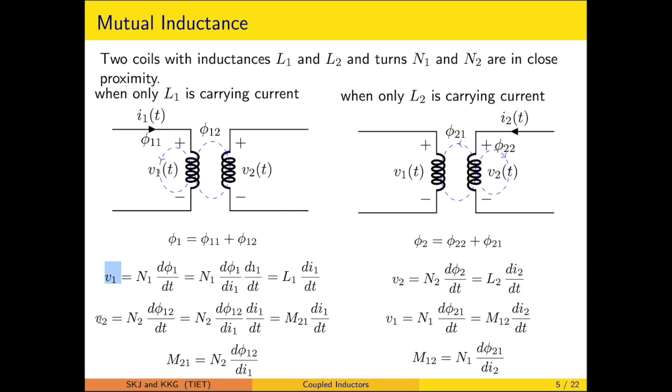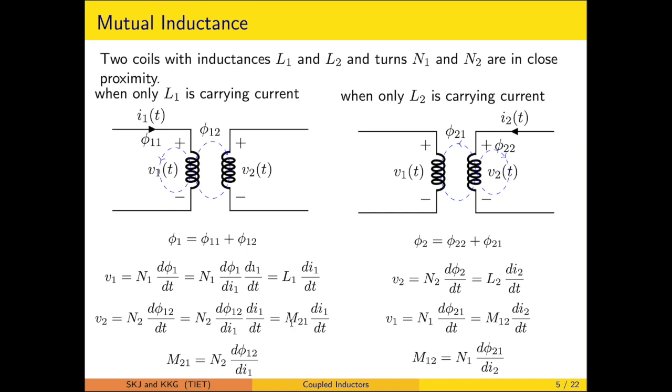That value depends on the number of turns of the second coil and phi 12. Phi 12 is established by the current I1 but links the second coil. That gives rise to the M21 di1 upon dt.